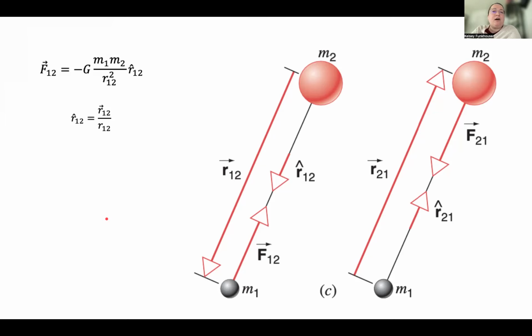So for the force on mass 1 by mass 2, we have negative G M1 times M2 divided by r12 squared times r hat 12. And the negative sign here just indicates that r hat 12 and F12 are in opposite directions.